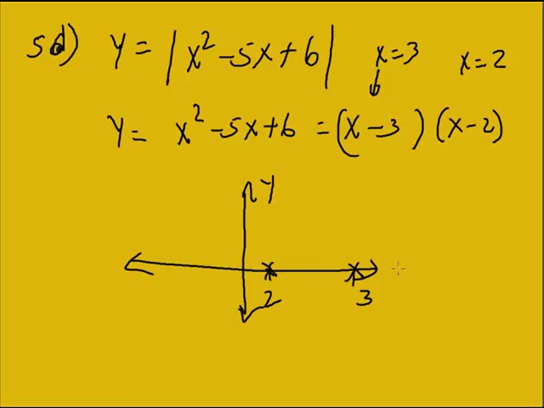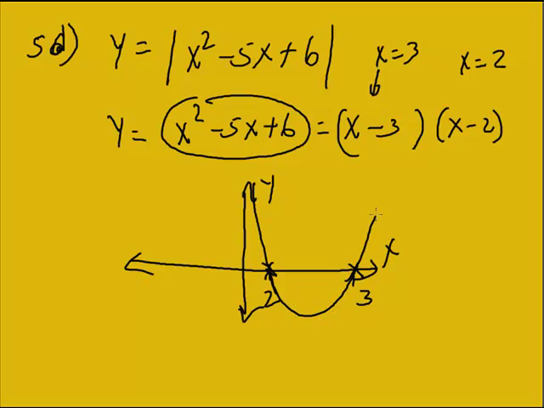Now, we also know that this parabola here, it opens up. So technically my parabola is going to look like this. Somewhere, I don't know how far it's going to go, but right now we're not going to worry about the vertex right there. So it's going to go down. It's going to look like that. But what happens as soon as you put an absolute value?